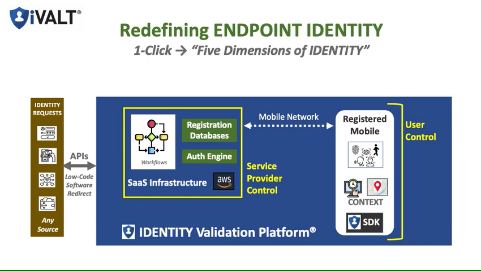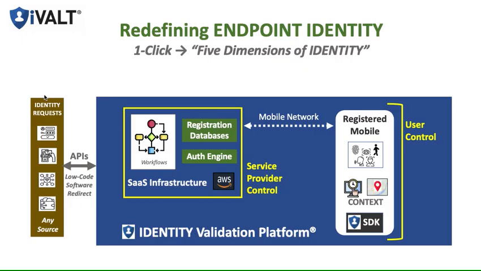iVault redefines endpoint identity. First of all, we only require one click from the end user, which is much more convenient than entering the 6 digits at a login. And we pass along 5 dimensions of identity back from the end user authentication to the authenticator. On the left-hand side, you see the identity requests.